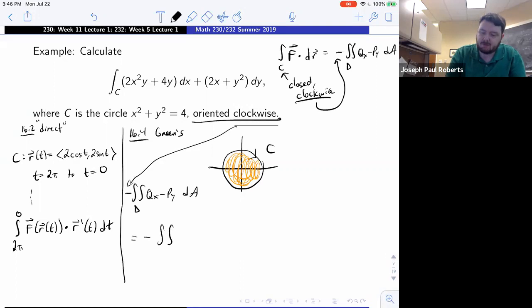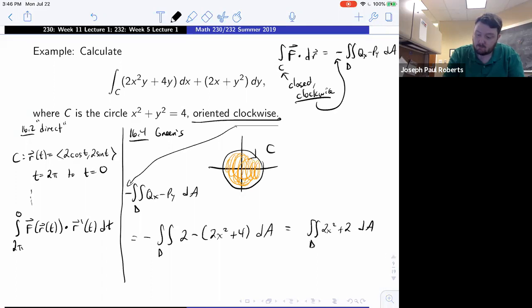So minus, well, qx is 2, and then py is 2x squared plus 4. And so after you deal with all these minus signs and do that subtraction, you're going to get 2x squared plus 2.